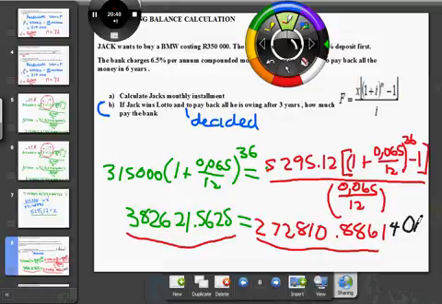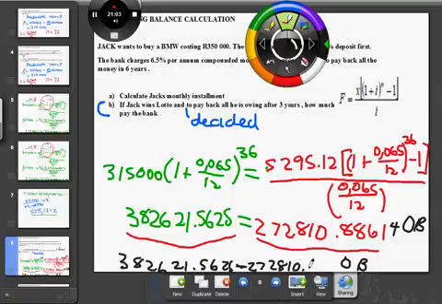So if I want to calculate the outstanding balance, it is equal to 382,621.5625 subtract 272,810.8864.